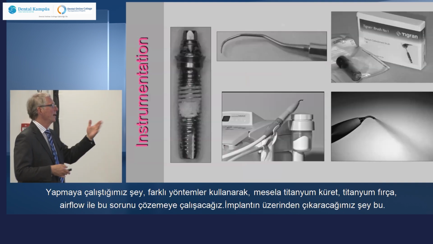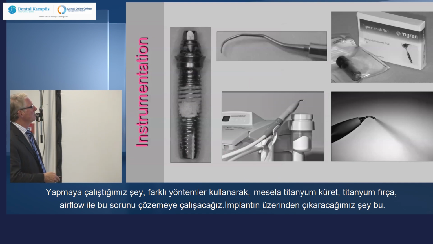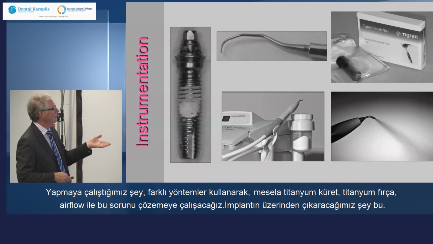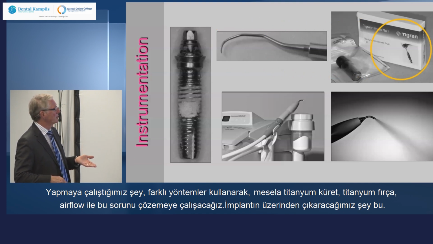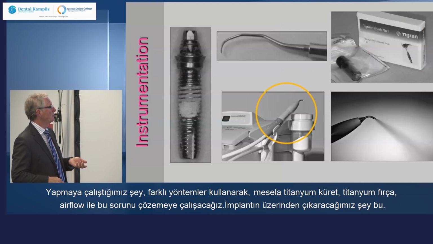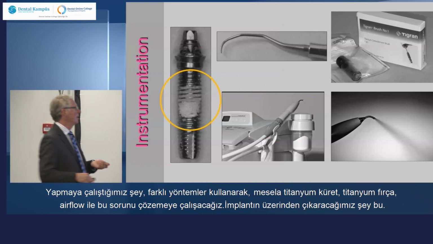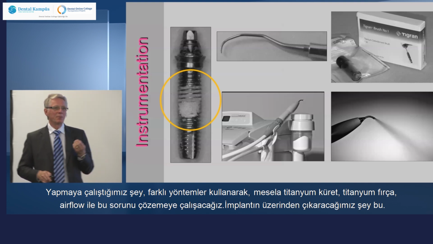So what we are trying to do with different modalities, like an ordinary curette, a titanium curette, a titanium brush, airflow, or something, we are facing this problem. This is what we are going to remove on the implant.